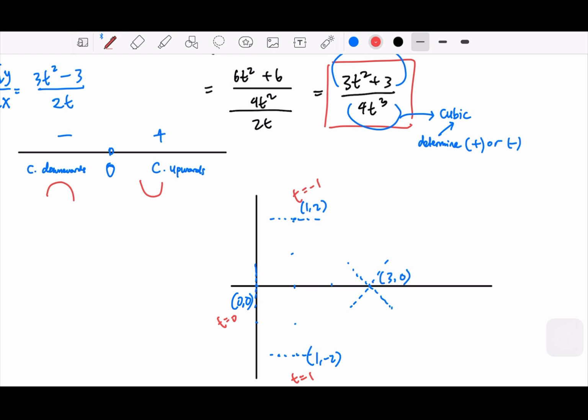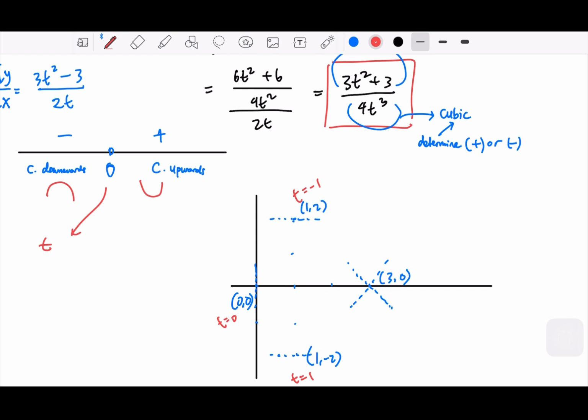By the way, this is t, okay? Because sometimes we make some mixing up between the x and the original function and the parametric one. So this is already in parametric.